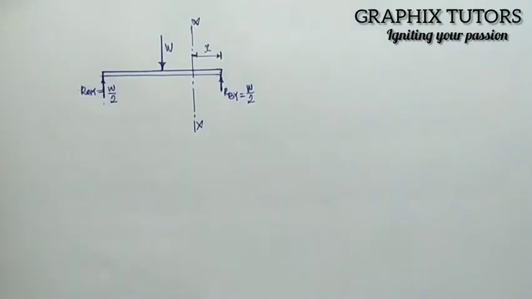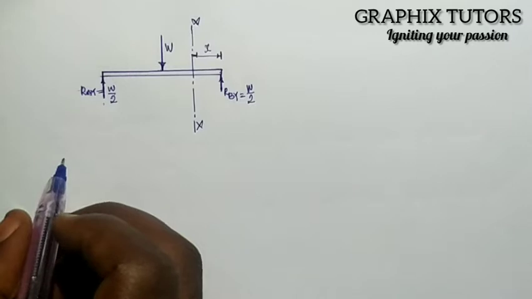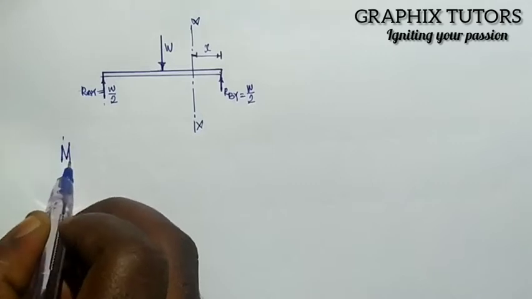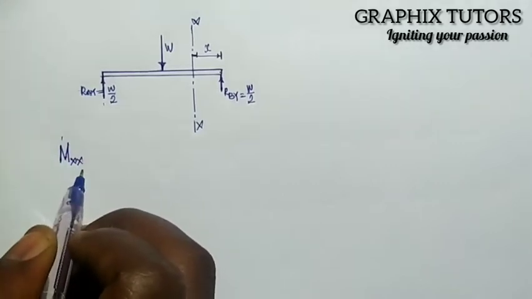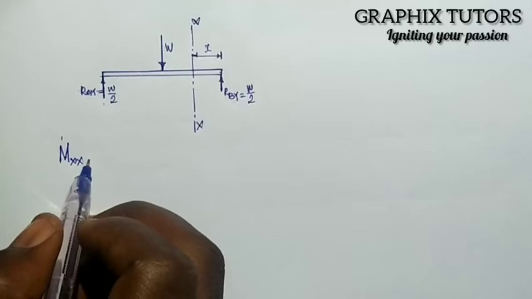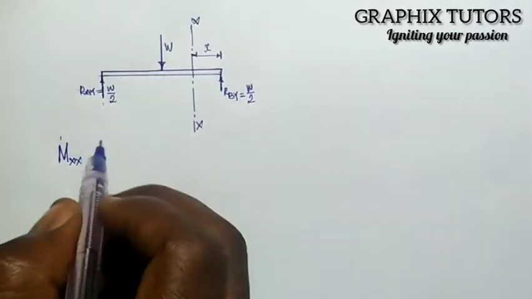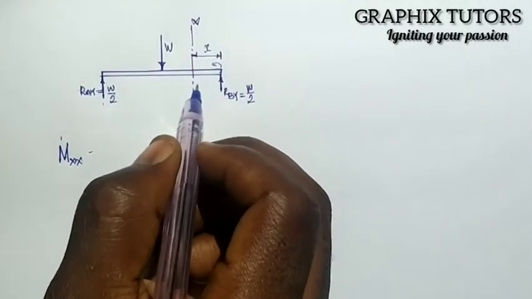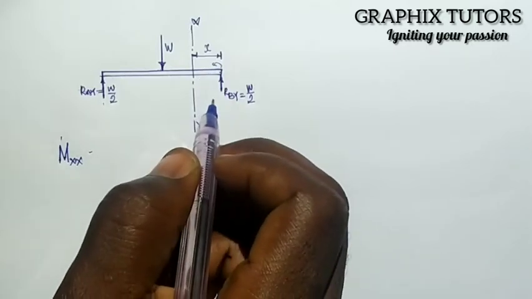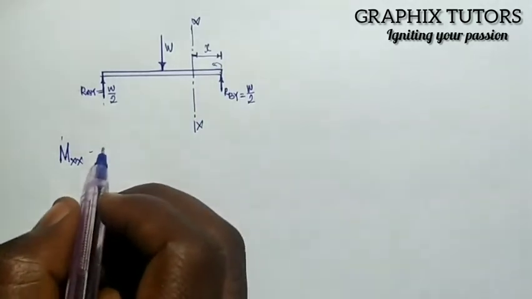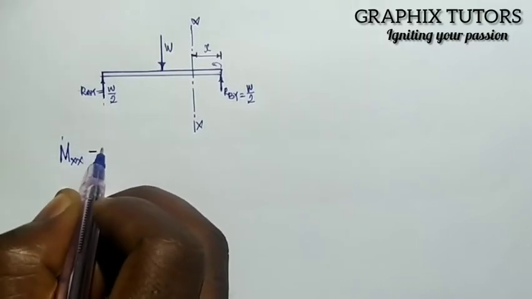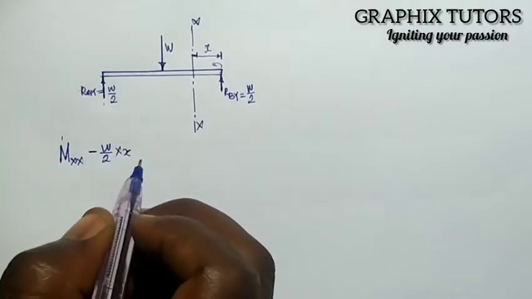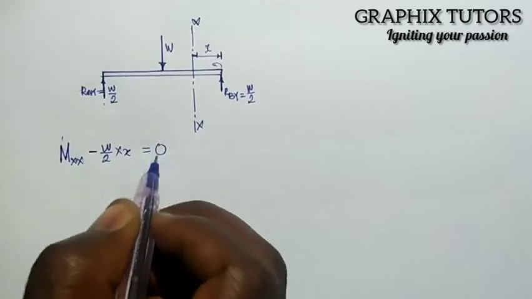So I'm going to say that the moment about section XX will be, this reaction is going in this direction, and that is anticlockwise, and that is negative, so it will be minus W over 2 times X equals 0.